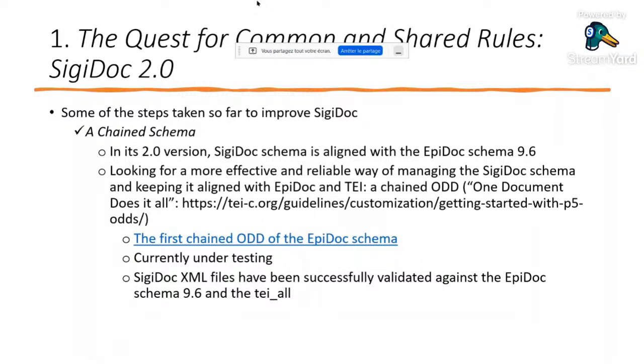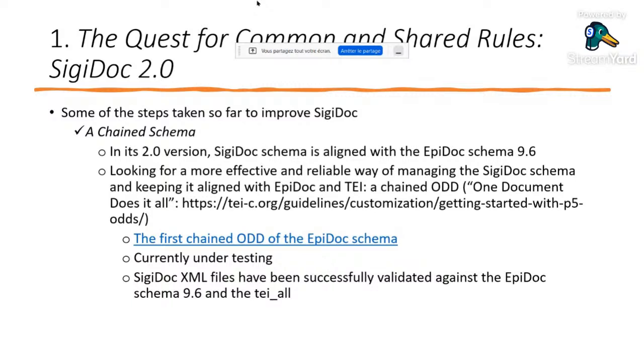The decision taken was also to align our schema, so the rules according to which our Sigidoc edition of seals should follow, to the EpiDoc schema, through what is called a chained ODD.